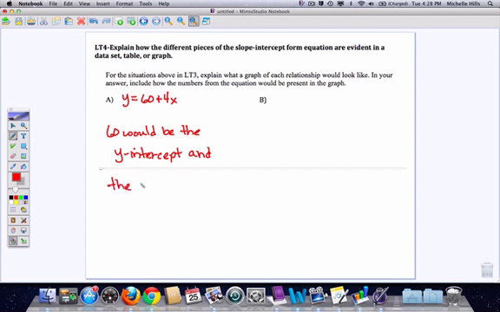The line would rise $4 for every t-shirt sold, or for each t-shirt ordered.